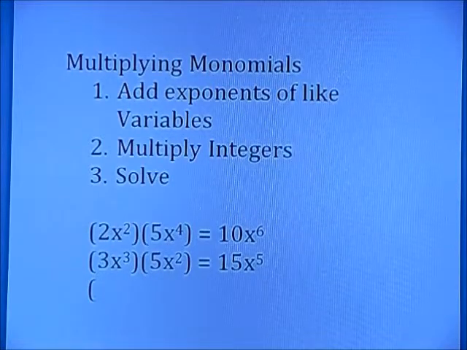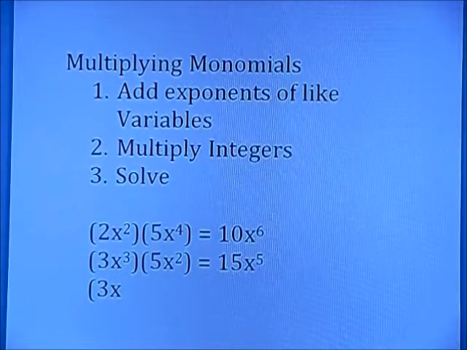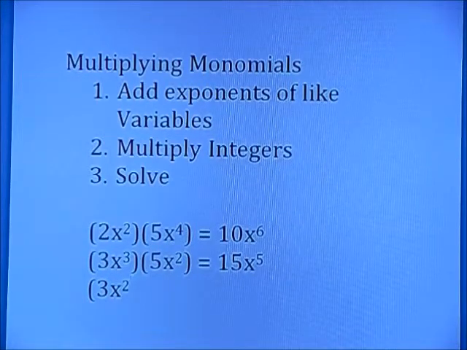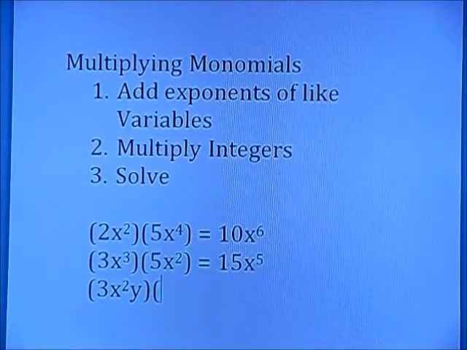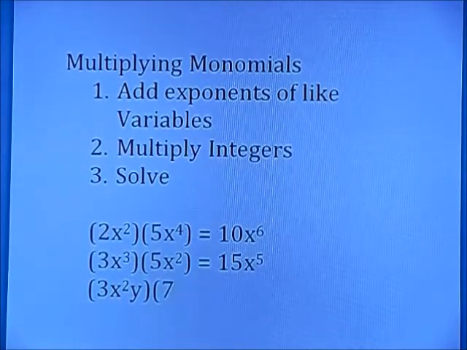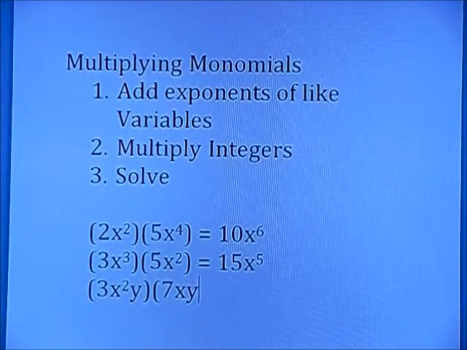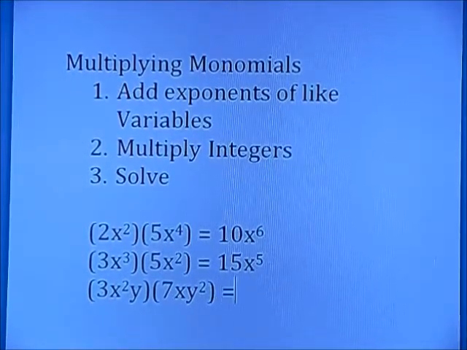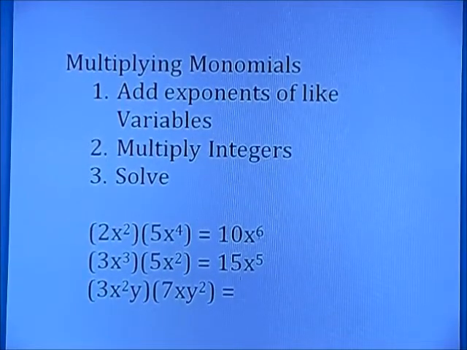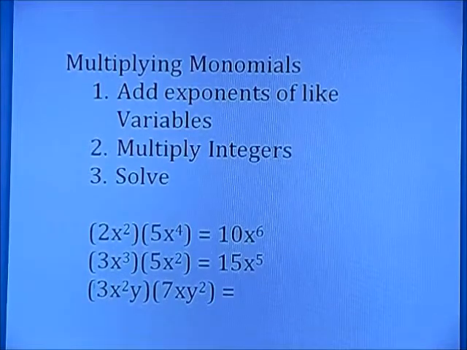Now, on to another one. I'm going to mix it up. If we had 3x squared y times 7x y squared. What do we do here? Well, we have 2 different variables in this equation. So you're thinking, oh my gosh, this is not possible.